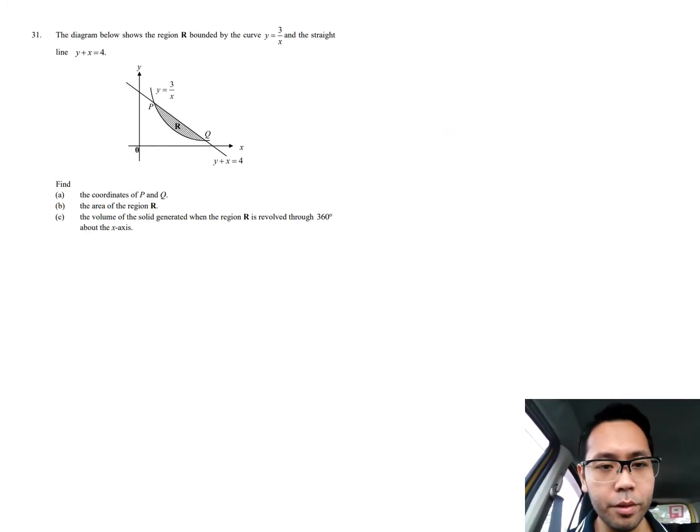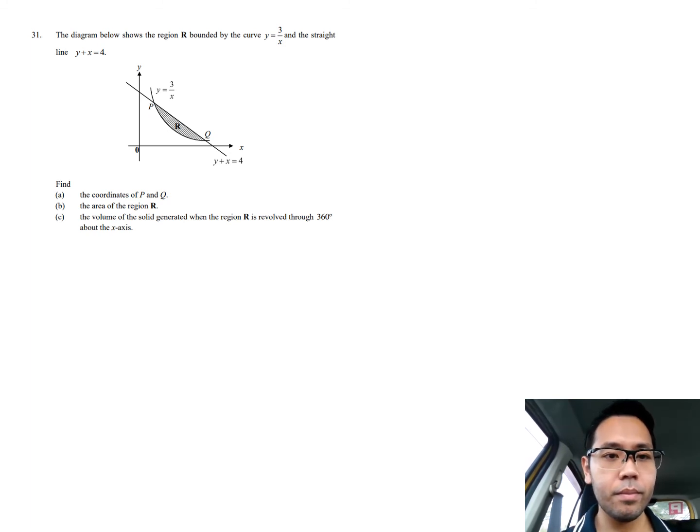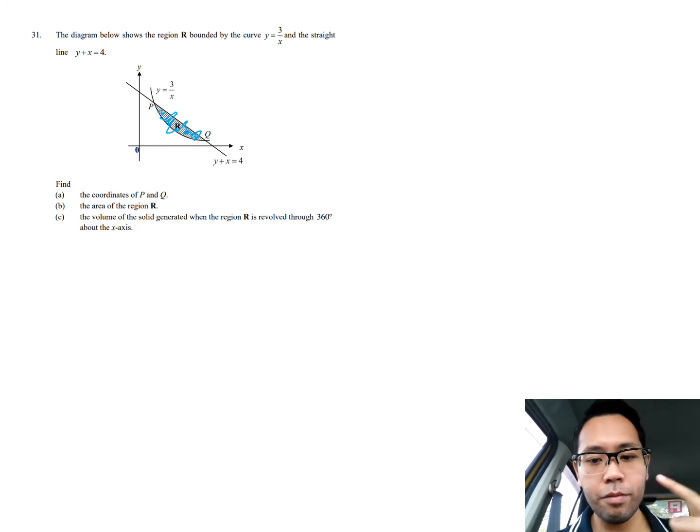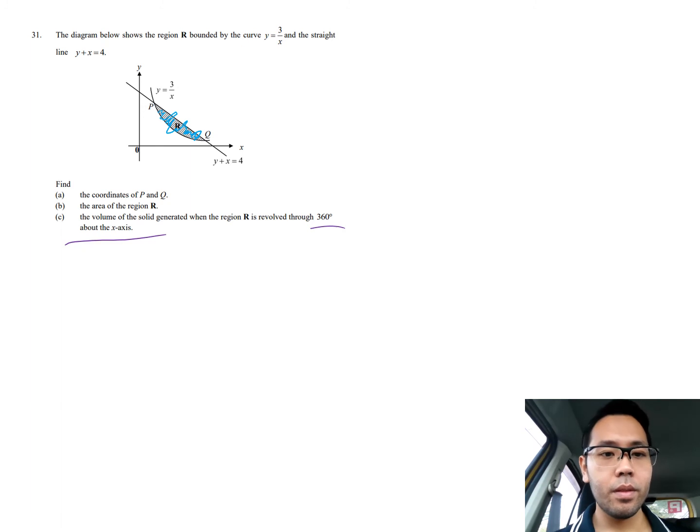Okay, sorry about it. Okay, we want to find here the region R, and we want to find its area, and it's revolved 360 degrees about the x-axis. Okay, my question to you is, which way is it easier to do?